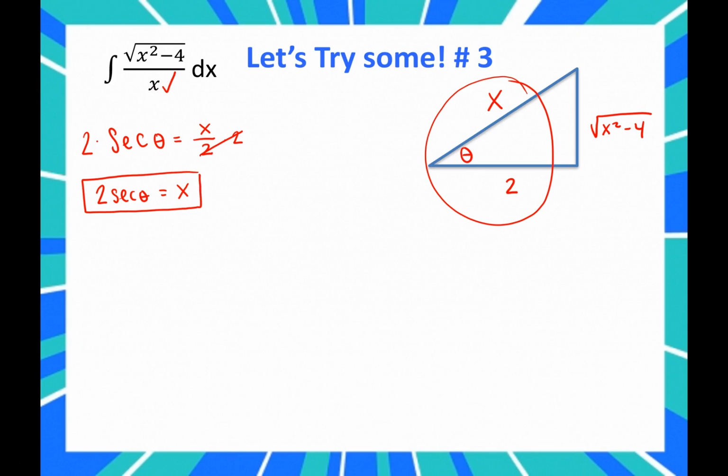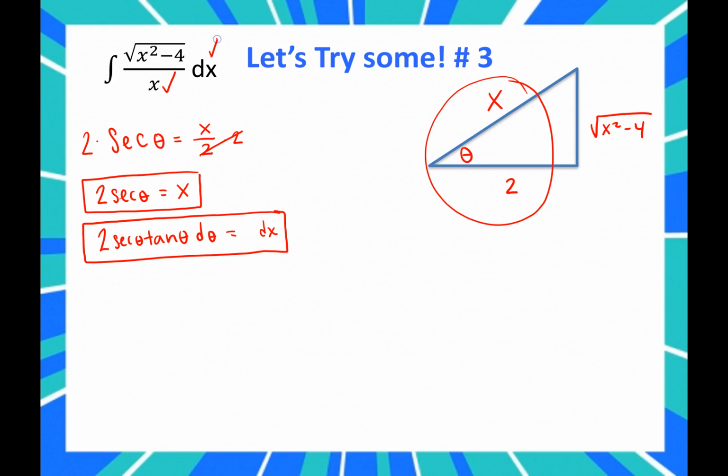Now I'm going to take the derivative, and the derivative of 2 secant theta is 2 secant theta tan theta. And then don't forget your d theta, because you took the derivative with respect to theta. And then the derivative of x is 1, and then we'd have a dx. And certainly we don't need that 1. So now I have another match, which is pretty exciting.